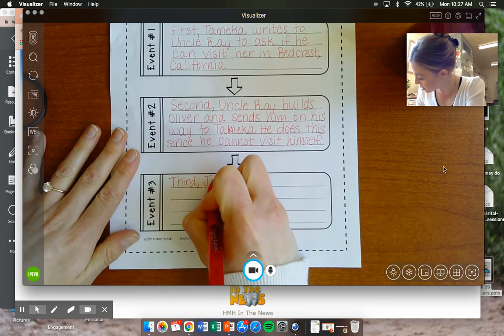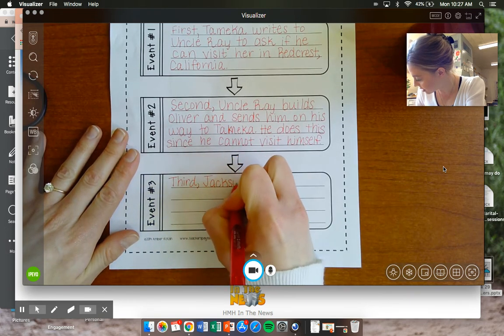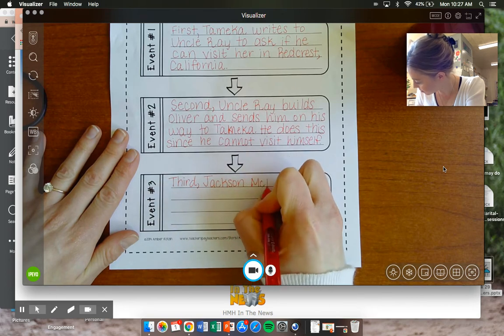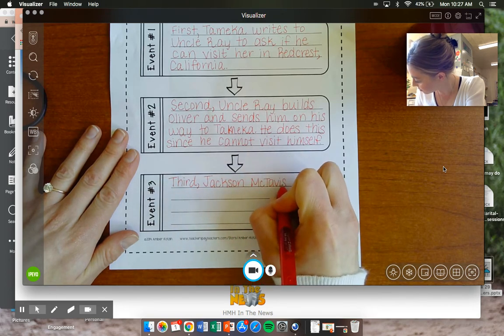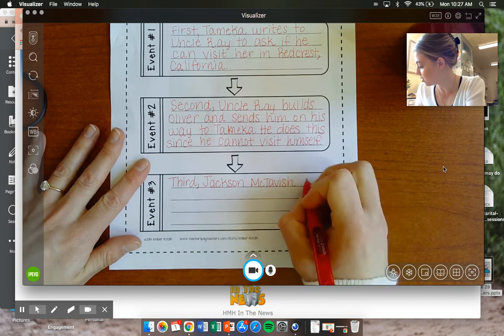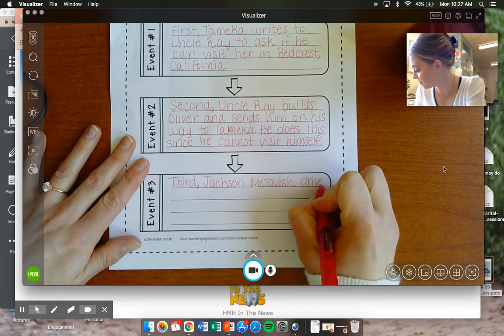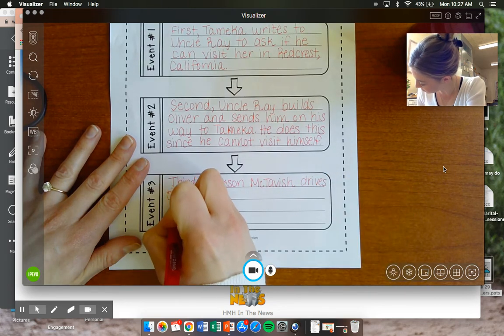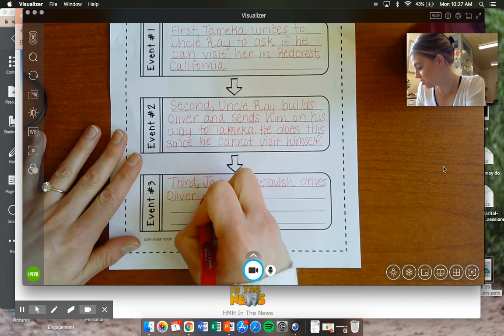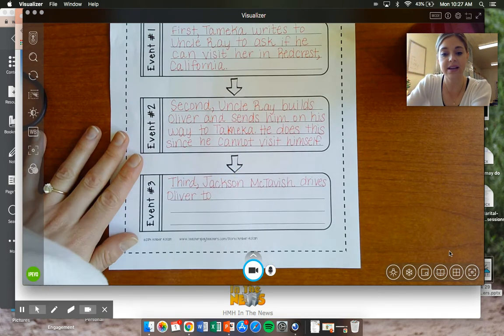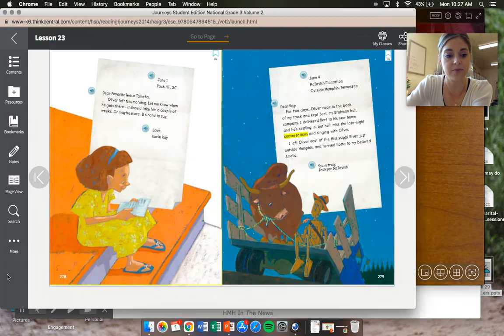Jackson McTavish drives Oliver to, let's see, I'm going to go back in the book to make sure that I am writing down the right thing, which is what I always want you to do as well.